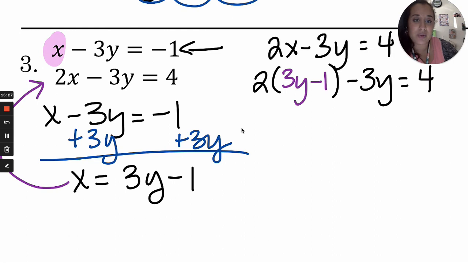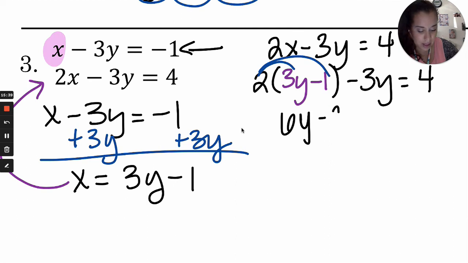So we go ahead and we distribute that 2 all the way through to everything. And so we have 6y, oops, sorry guys, 6y minus 2 minus 3y equals 4.